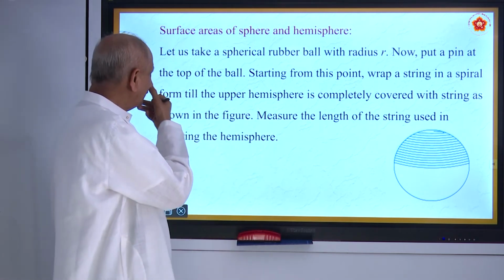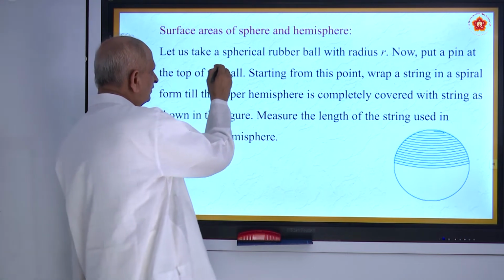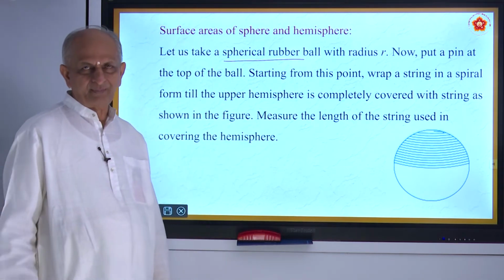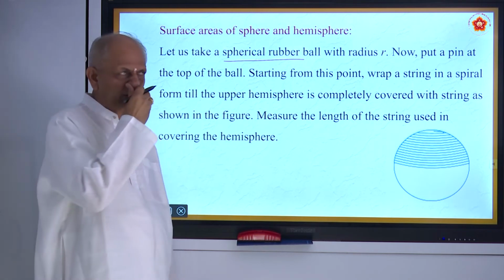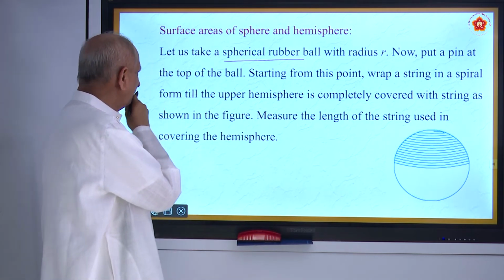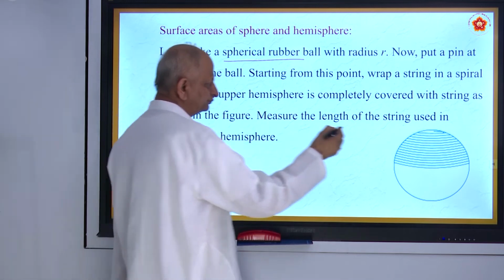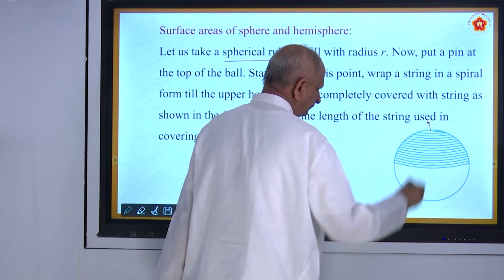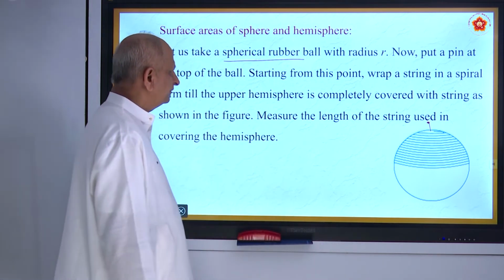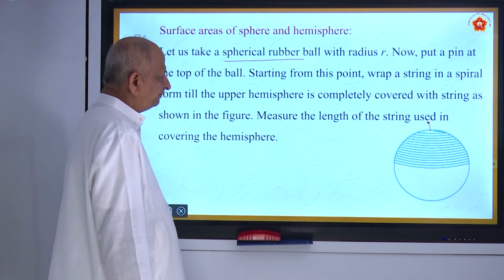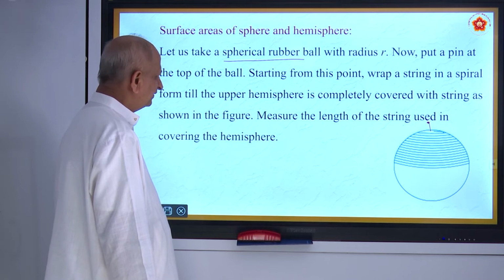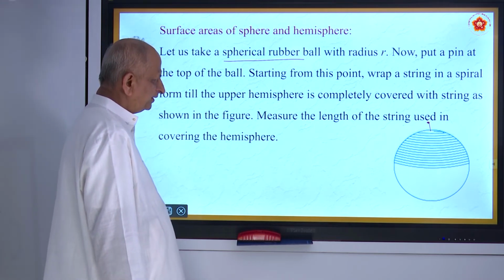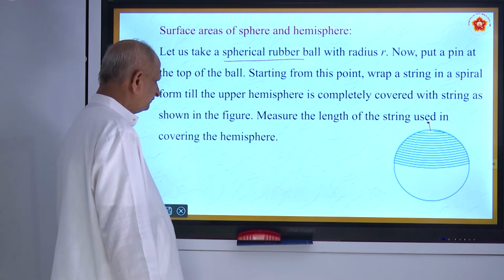Like that, what you must do is, we have to take a spherical rubber ball, something like a tennis ball. You can take it and put a pin at the top of the ball. Here you have to put a pin. Starting from this point, wrap a string in a spiral form to take the upper hemisphere completely covered with string.